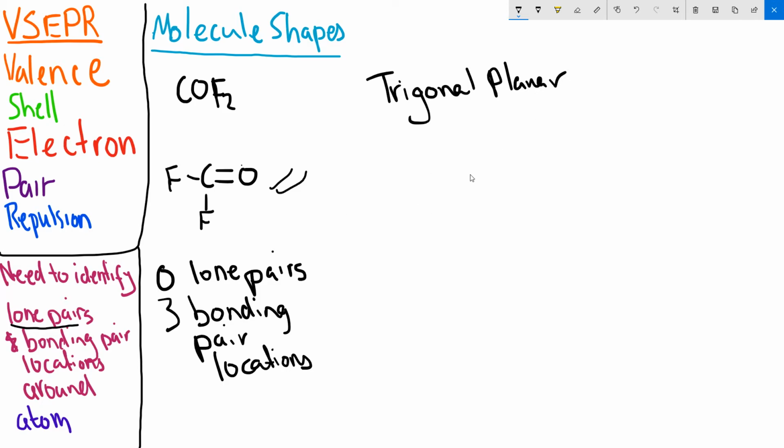So we've named it, and if we want to draw it, I'm going to draw it like that Mercedes symbol, basically just like a triangle, and we can determine that this is a trigonal planar molecule.